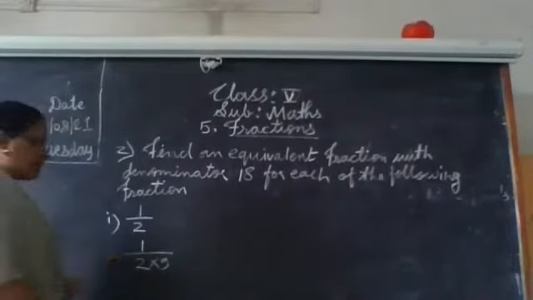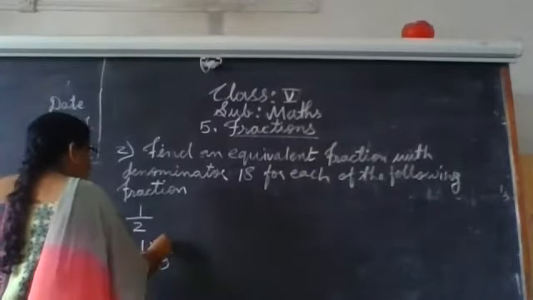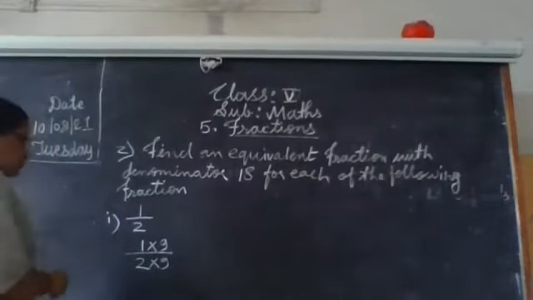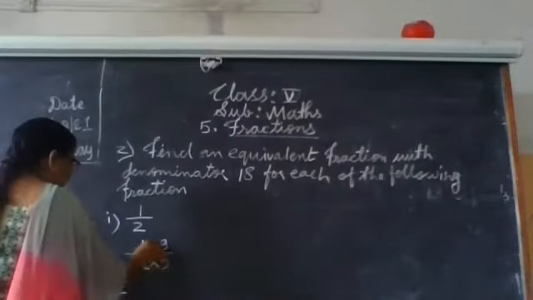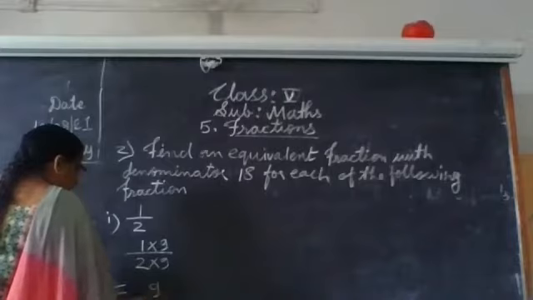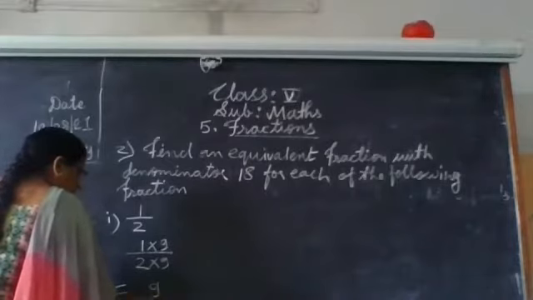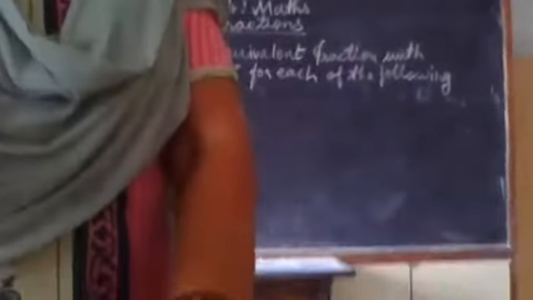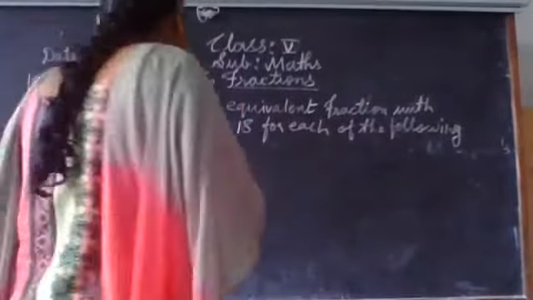And to make an equivalent fraction, you have to multiply the numerator also. So it becomes 9 ones are 9 and 9 twos are 18. Got it, beta? In this way, you can find the equivalent fraction.